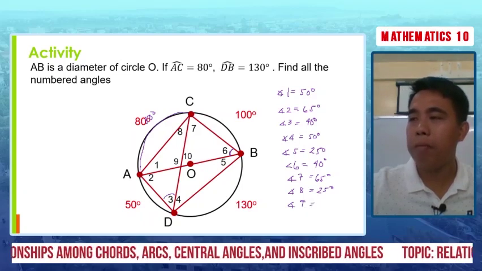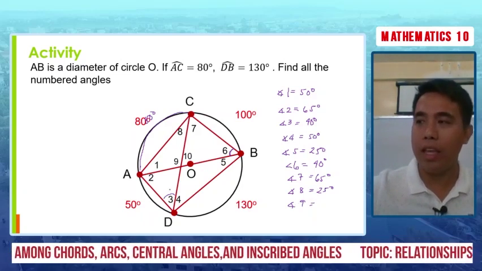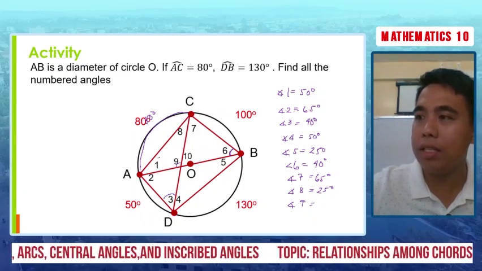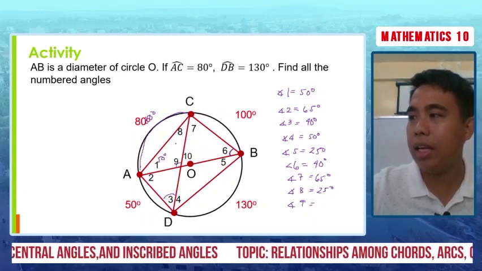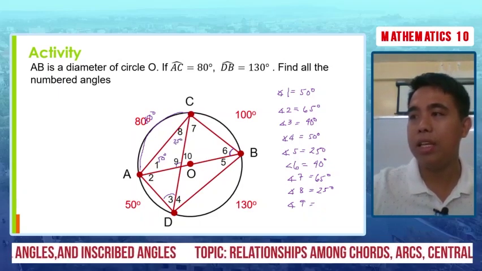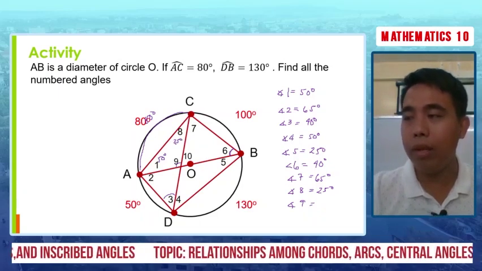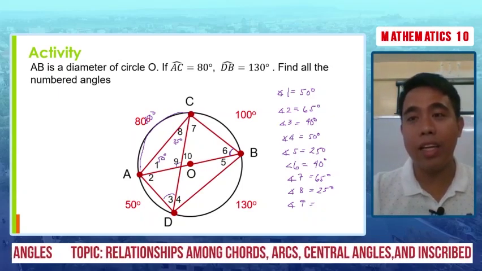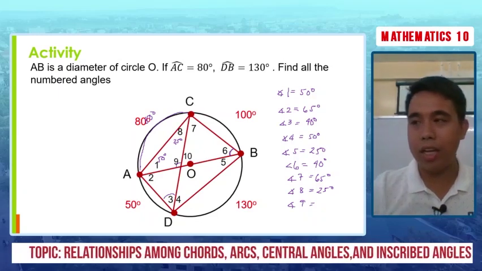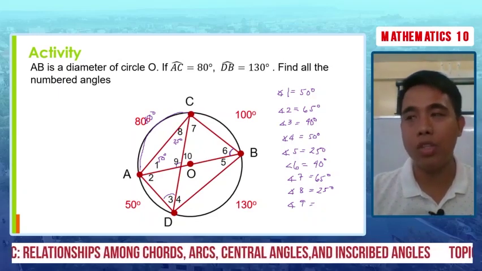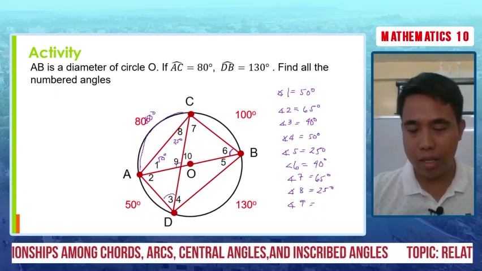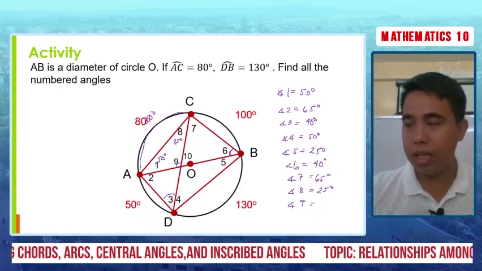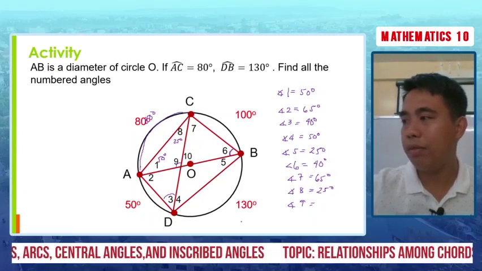Angle 9. How do we get angle 9? It is not a central angle. Take note that angle 1 is 50 degrees and angle 8 is 25 degrees. And angle 1, angle 8, and angle 9 are the interior angles of a triangle. So the sum of the interior angles of the triangle is equal to 180. So 180 minus 50 minus 25 is equal to 105 degrees.